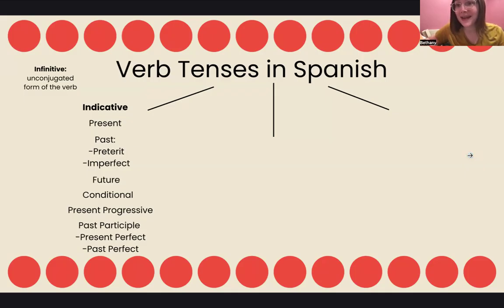And now we have my favorite mood, because I guess technically indicative, and then the next two are moods of verbs, the mood the verb is in. So it's subjunctive. And the cool thing is, we don't use the subjunctive anymore in English, which is so cool because you have to think of Shakespearean English.